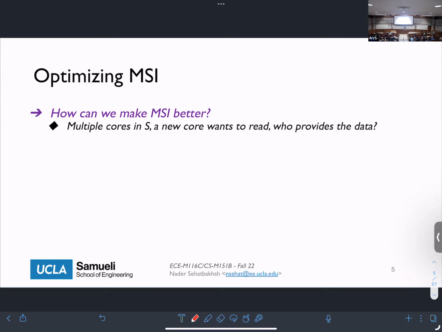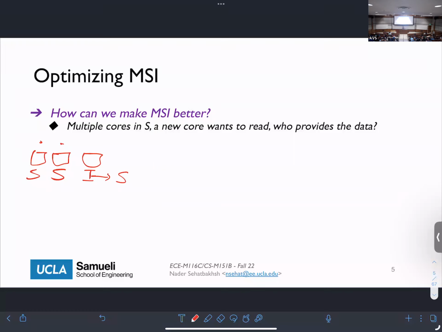Or, given that every other core has this information, maybe they can forward it to that core. If we go with the second option, which is obviously more efficient, the question becomes which one of these cores. Let's say, for example, we have core 1, core 2, and core 3. These two are already in S, and this one is in I, but this one wants to switch from I to S. So between these two cores, which one should provide this data, right?